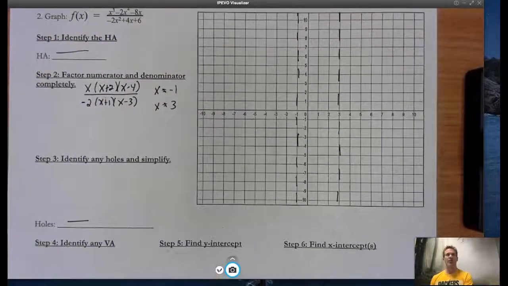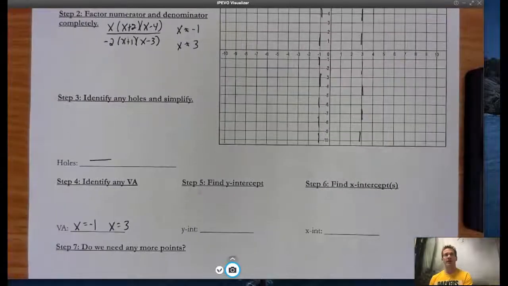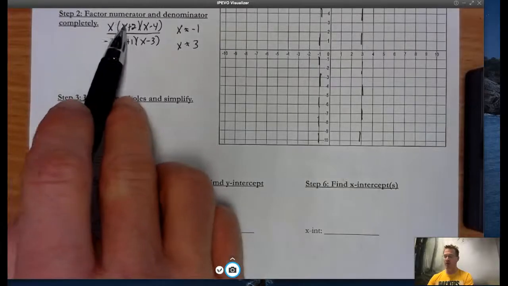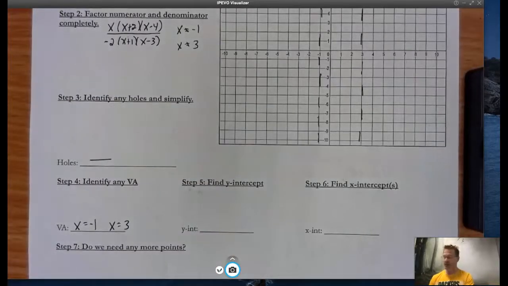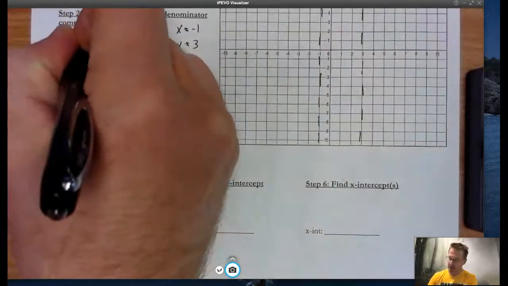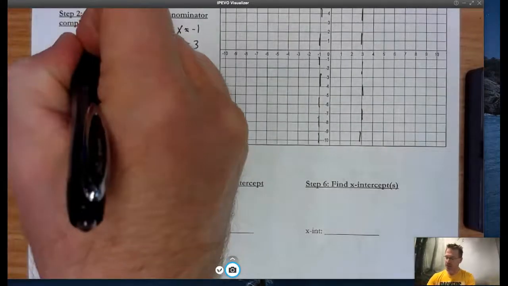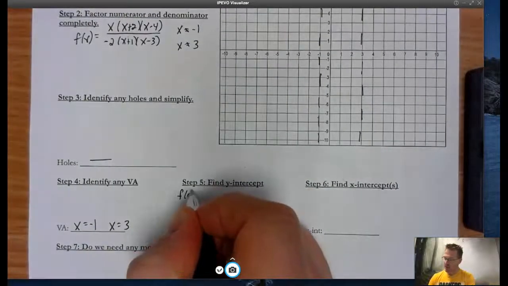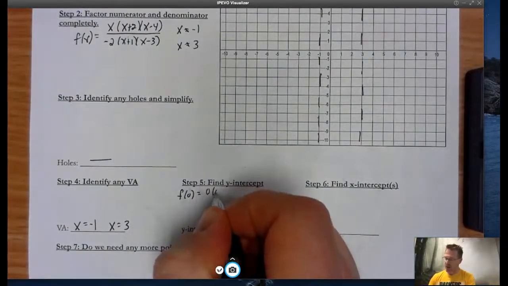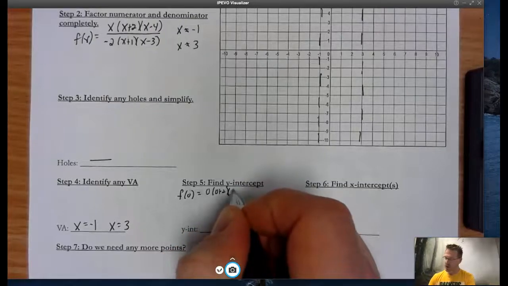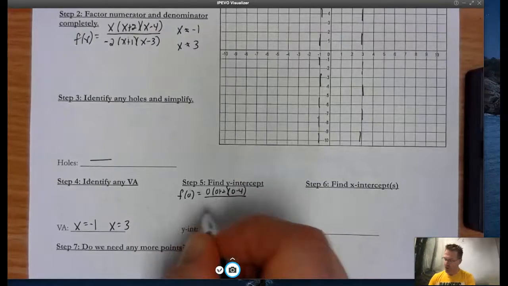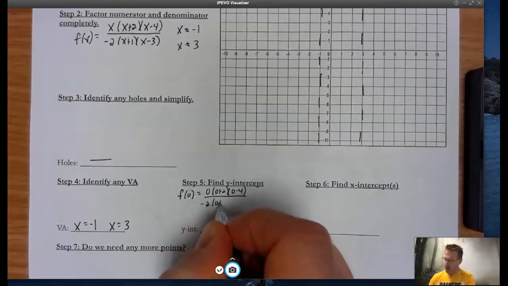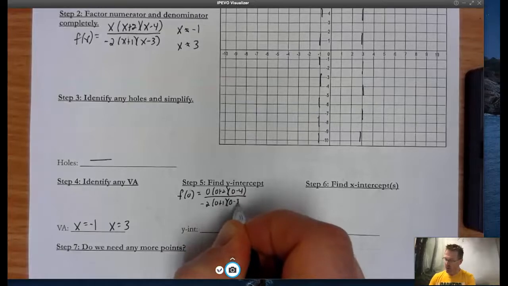All right, so we want to find our y-intercepts. To find our y-intercepts, we put 0 in wherever there's an x. And I should write f of x equals up here. So if I put in 0 for x, I'm going to have 0 times 0 plus 2 times 0 minus 4 over negative 2 times 0 plus 1 times 0 minus 3.